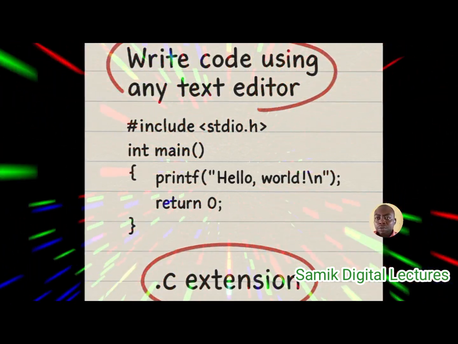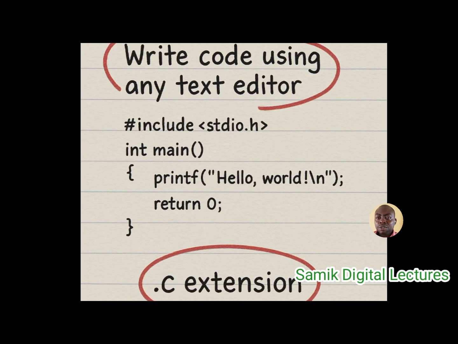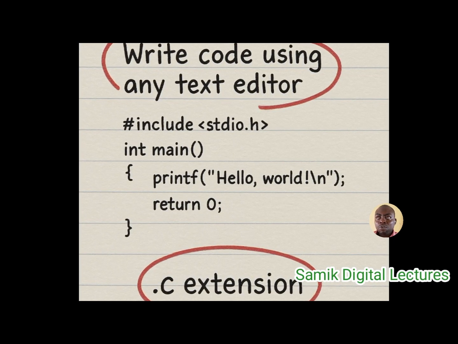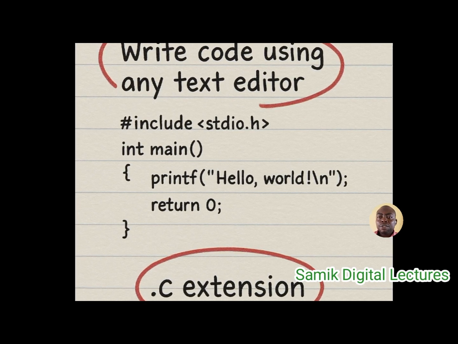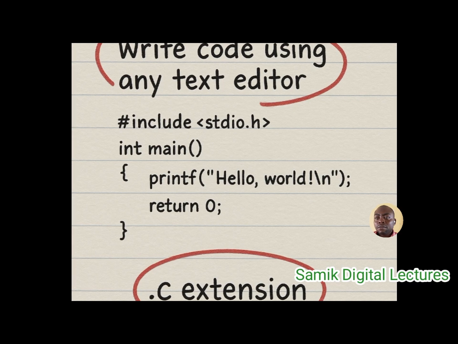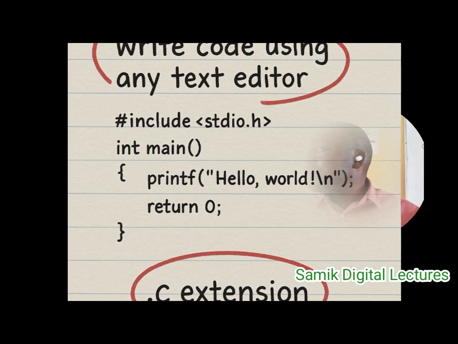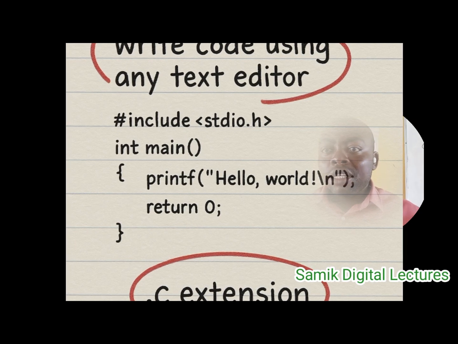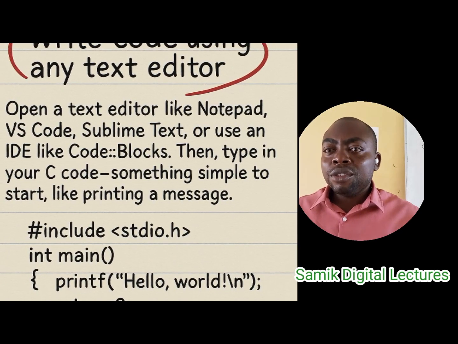Now let's look at how to code and run your C program. Step-by-step procedure. Step 1. Write the code. Use any text editor or IDE. IDE means Integrated Development Environment. You can either use an Integrated Development Environment, or you can use any text editor.